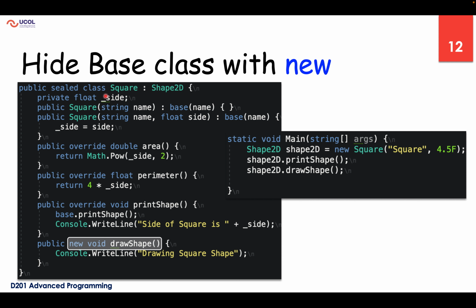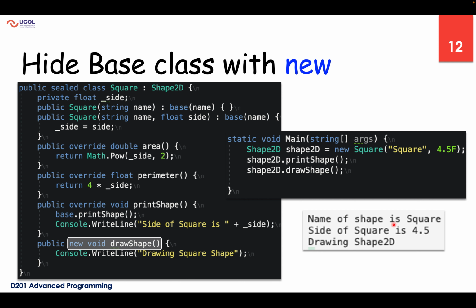The reason is that it is not present. Anything which is already defined in the base class, that is the area, perimeter or print shape, we can access those methods. And because here we disconnect, considering it a new method in the child class, we cannot access this method using the base class reference variable. So if we are using the base class reference variable, then we can only access those methods which have already been defined in the shape 2D class.